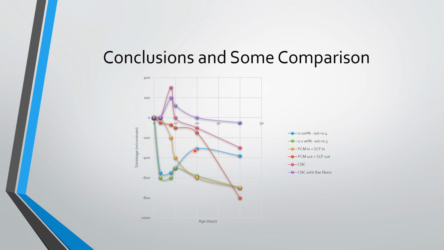On the contrary, we can see a first expansion in the cellulose nanocrystal and the PCM and SCP out specimen. And finally, in all the curves, we can find a smooth contraction after the 12 hours.